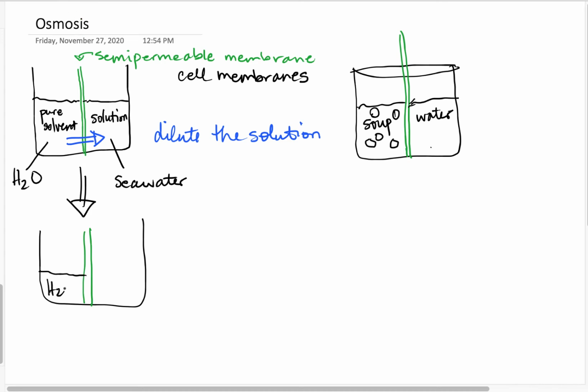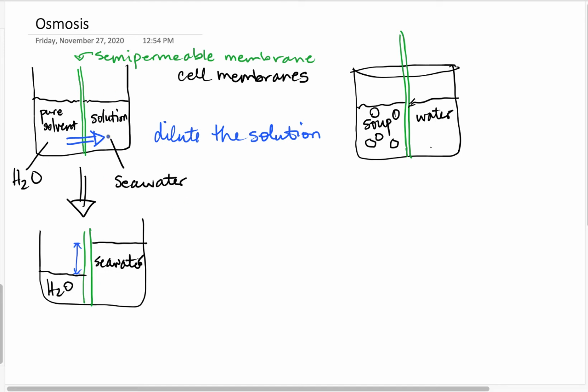Here's your water, and then you're going to have that water level drop down a bit, and your seawater level is going to increase a bit because the pressure of this pure solvent is going to, or excuse me, it's really the other way around. The pressure of the seawater is going to end up pulling the pure solvent into it to dilute it. And so you're going to end up at some point with this differential height that relates to the pressure difference initially between these two systems.